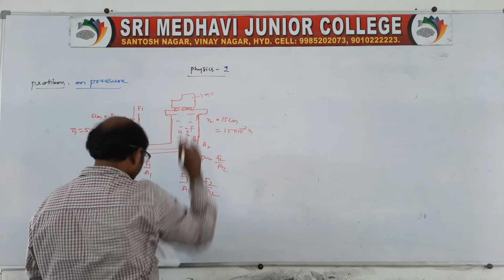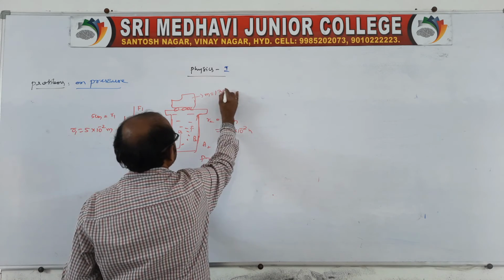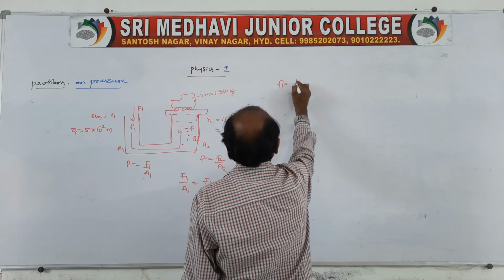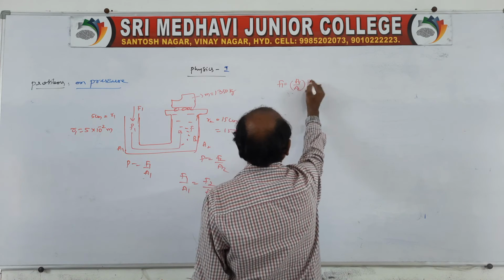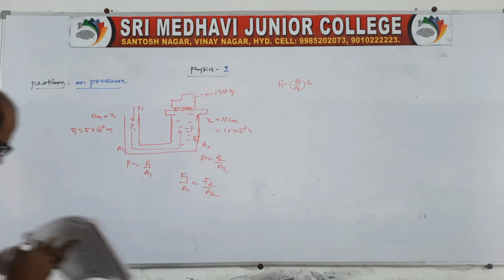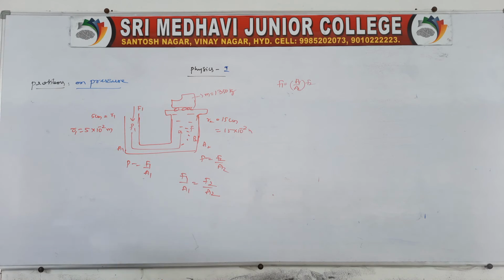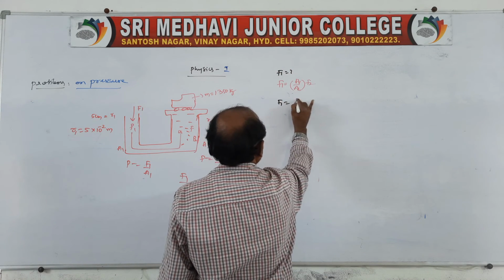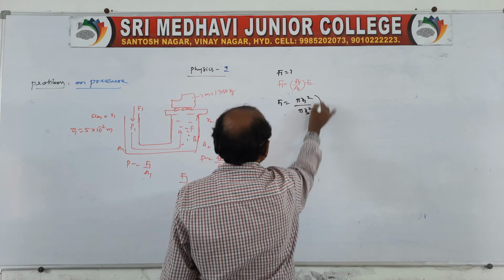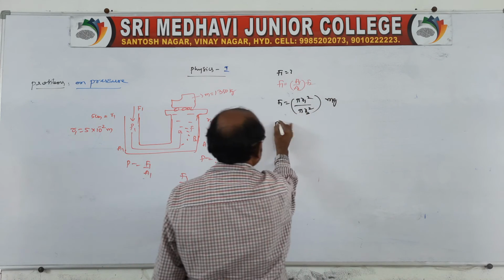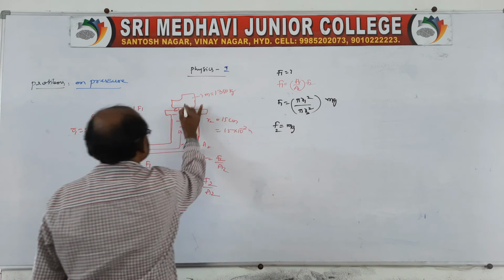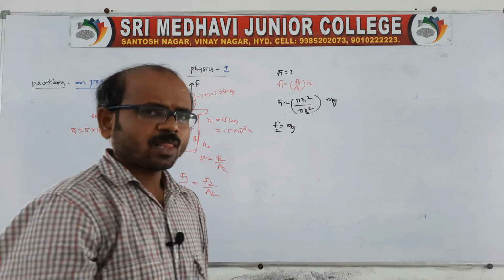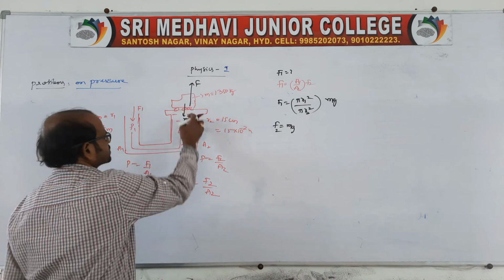The mass of the car is given. How much is the mass of the car? 1350 kg. F1 is asked, so you write F1 is equal to A1 by A2 into F2. Now F1 is equal to pi R1 squared by pi R2 squared, into F2. F2 is nothing but mg, because the car's weight acts mg downward, and it is lifted up, so this weight is balanced.